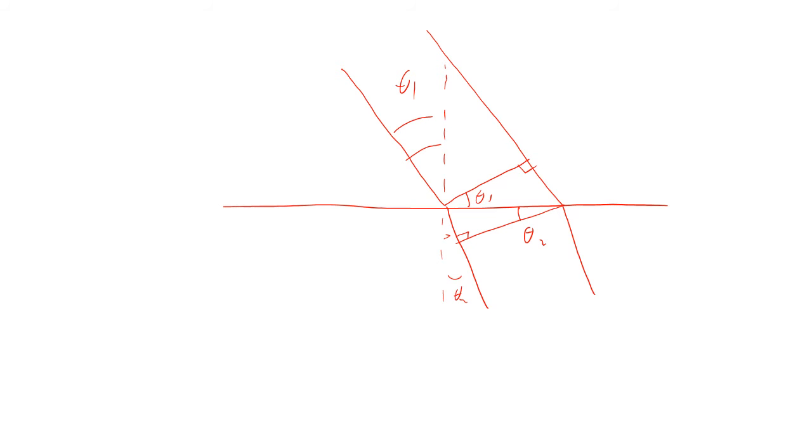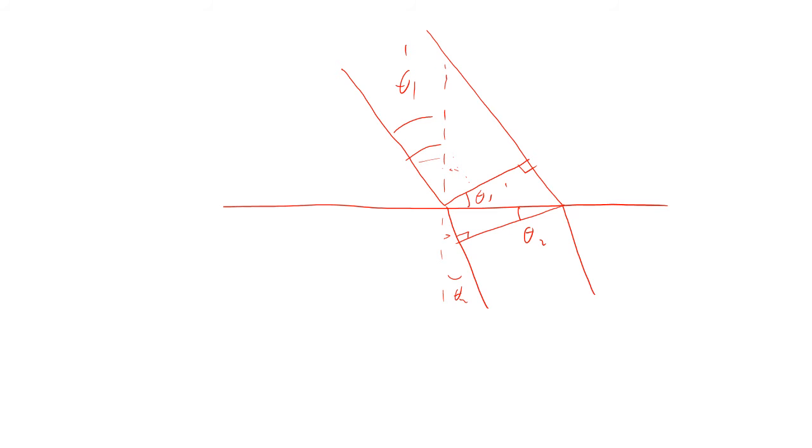Now, why is that the case? It's because this angle right here plus theta 1 is 90 degrees, but it's also this angle plus this other angle is 90 degrees. So those two angles had to be theta 1, with the same argument for the other side.